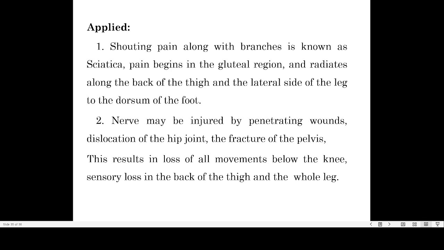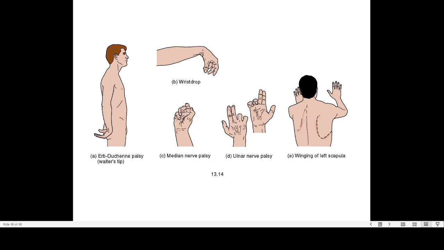This causes the symptoms, the sensory loss in the back of the thigh region and also the whole leg, because the posterior cutaneous nerve of the thigh is associated with this, and also the movement of the leg. That is one of the applied aspects.